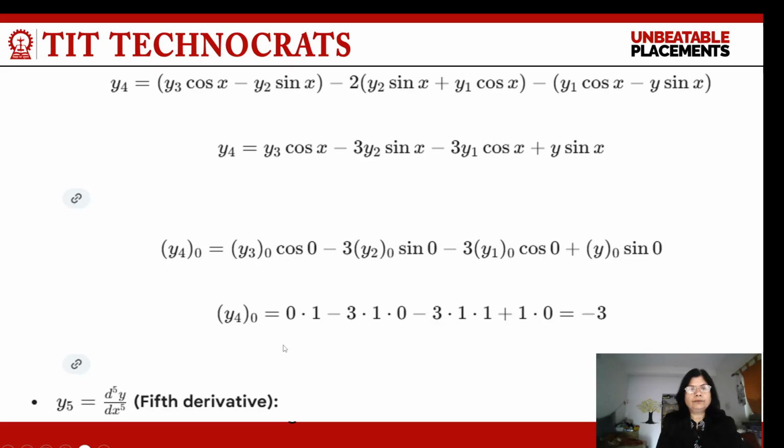So we get 0 into 1 minus 3 into 1 into 0 minus 3 into 1 into 1 plus 1 into 0. So after solving we get minus 3. Now we find the fifth derivative.